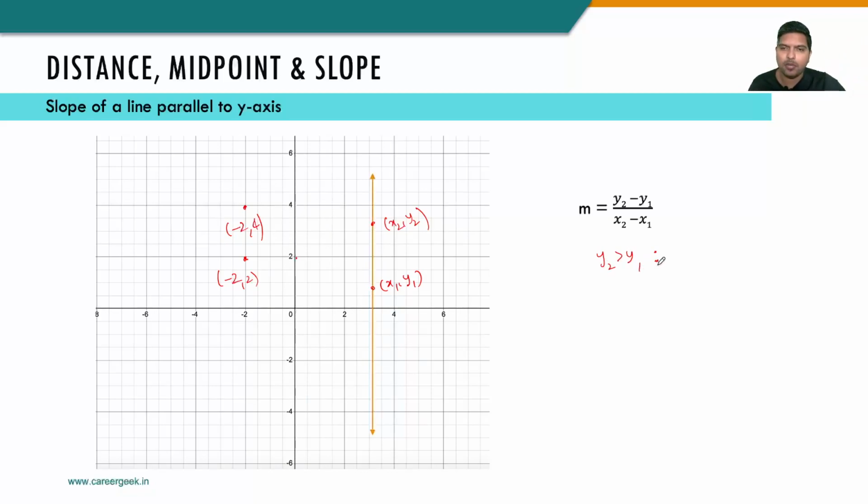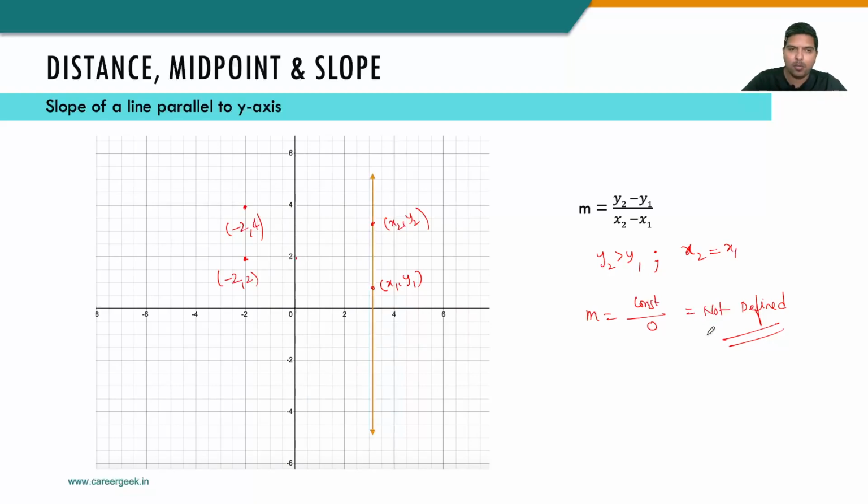Because it's above. But x2 is equal to x1. x doesn't change. So what happens? This is some constant upon x2 minus x1, which is going to be 0. So anything upon 0 is not defined. So slope of a vertical line or a line parallel to y-axis is not defined.